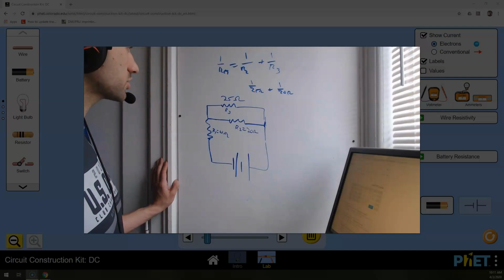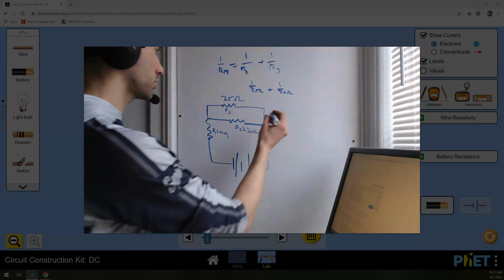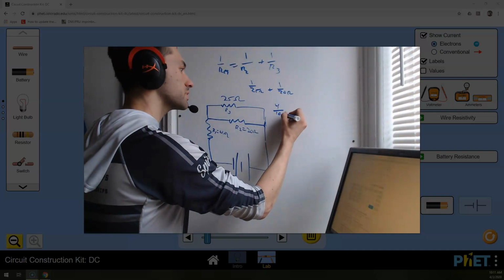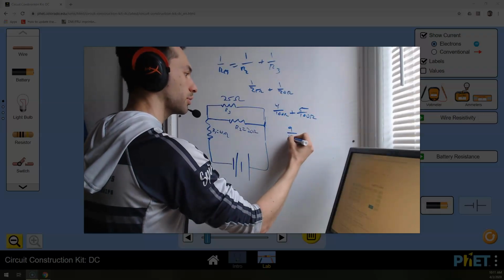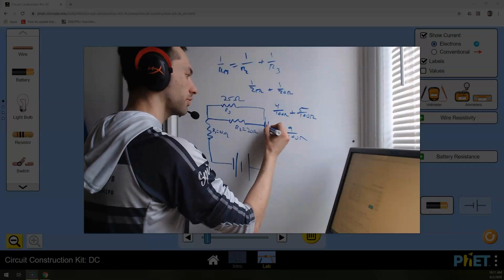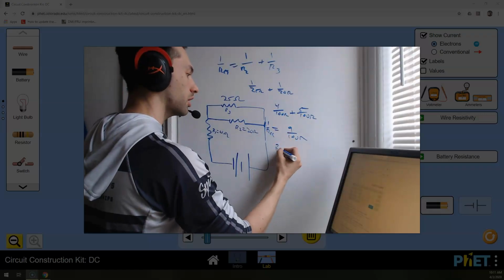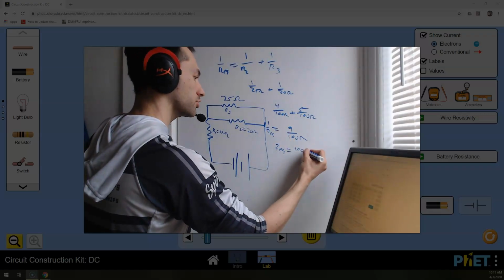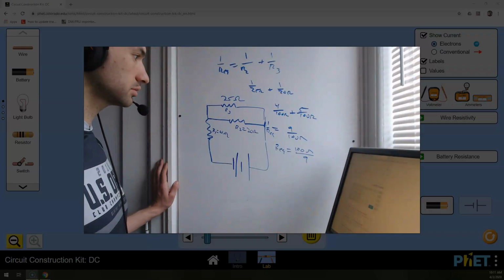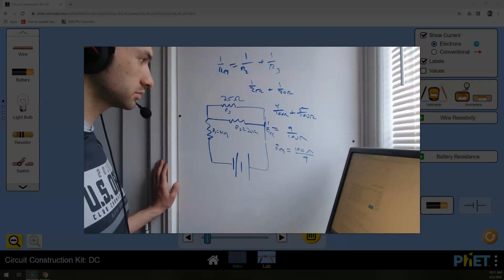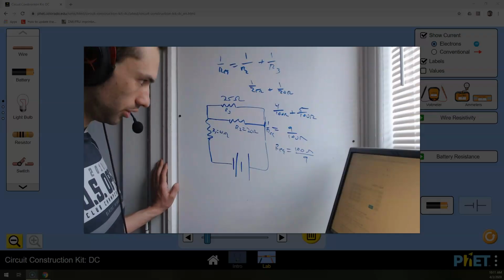Let's just use 100. So I've got 4 over 100 ohms plus 5 over 100 ohms. 9 over 100 ohms equals 1 over Req. And so Req equals 100 ohms over 9, which is 11-ish? So Req is 11.1 ohms.